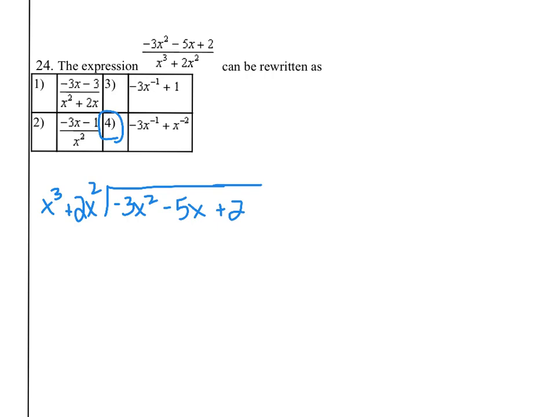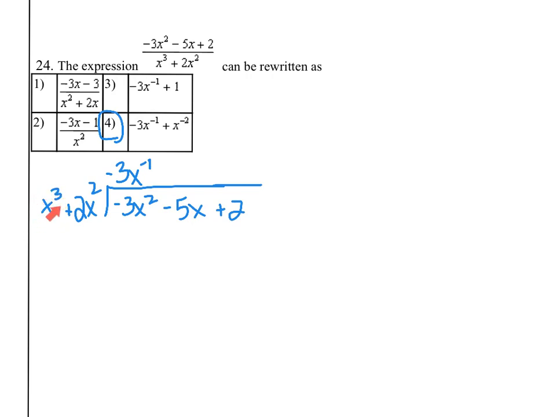So let's deal with the number. First of all, I know that I'm going to need to multiply by a negative 3, right? So if I want to go from x cubed to x squared, that means I'm going to multiply by a negative 1 power. Okay, so let's just think about this for a second. So then negative 3 times the 1 that's here gives us that negative 3.